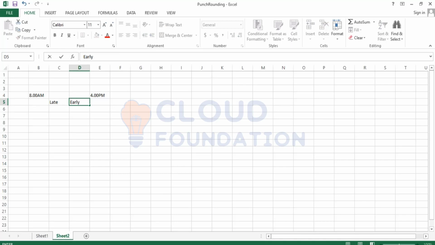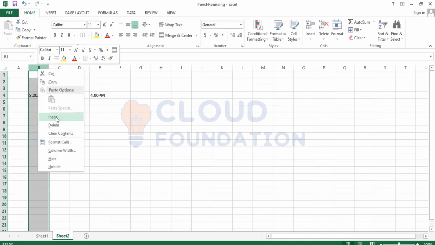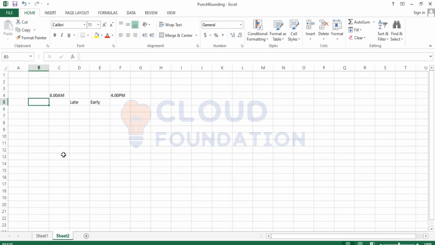Similarly, if you come anywhere before 8, say 30 minutes before, this is 7 a.m. here. If you come anywhere within half an hour before 8, that means you're early for your work.